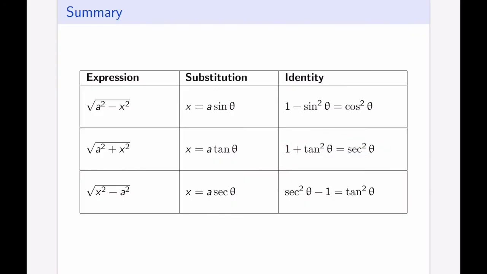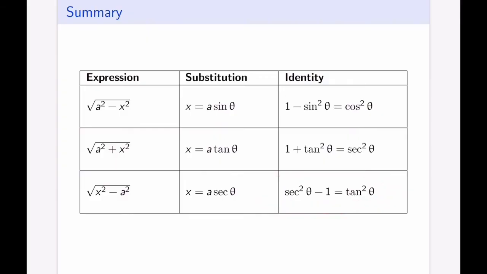On the other hand, if I have a square root of x squared minus a number, so notice the difference between these two here. In one, I'm subtracting x squared, and in the other one, I'm subtracting from x squared. In this case, I'm going to use the substitution that involves secant and the trigonometric identity that again involves secant and tangent.